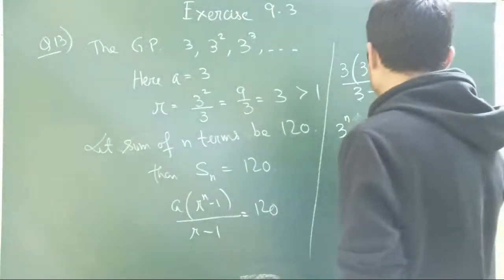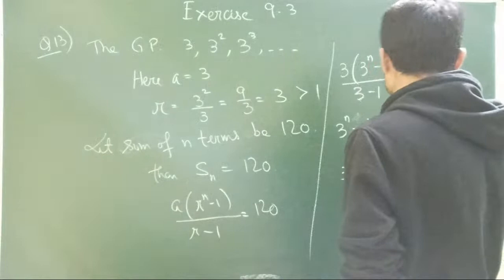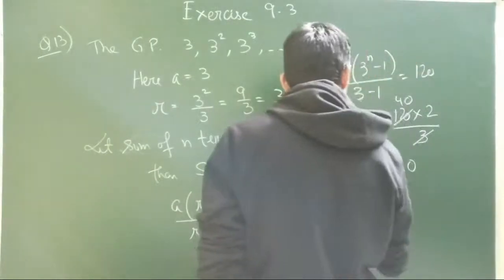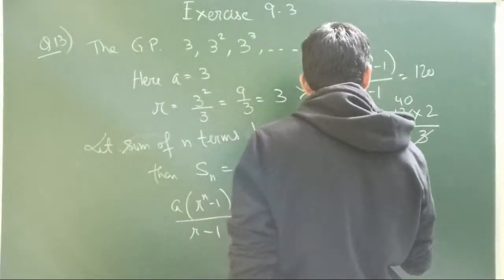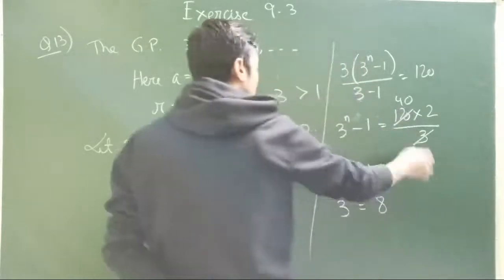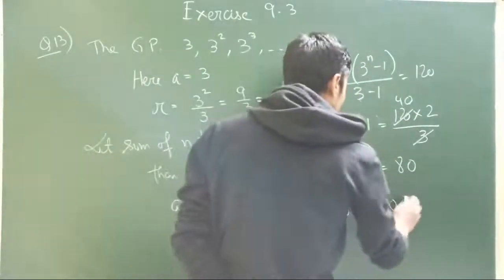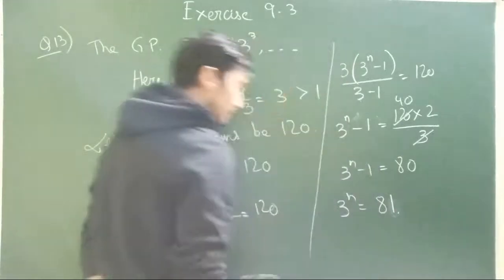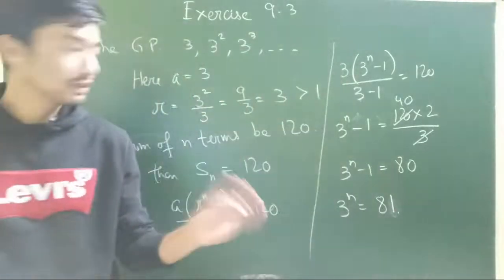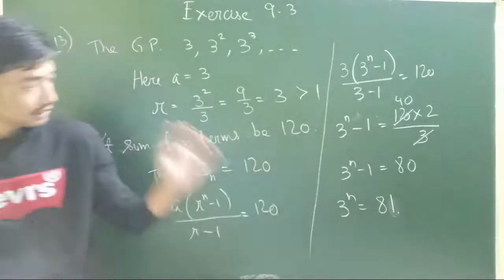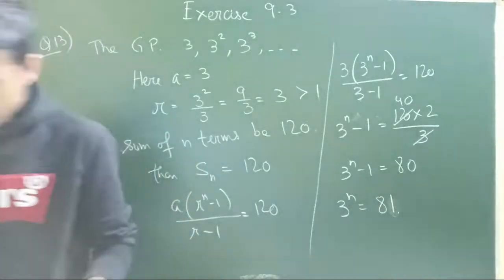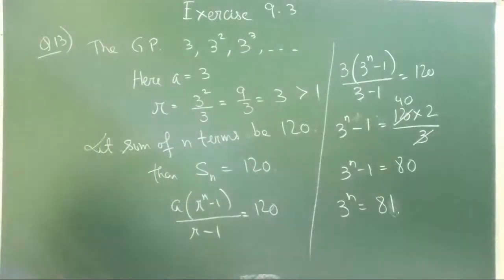So 3 power n minus 1 is equal to 80. So 3 power n is equal to 80 plus 1, that is 81. So 3 3s are 9, 9 3s are 27, 27 3s are 81. So 3 power 4 is 81.